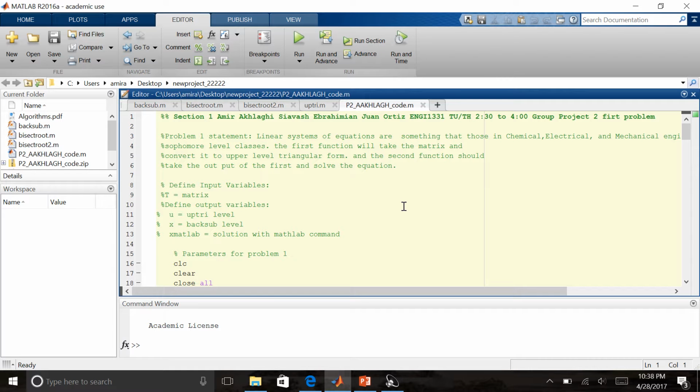So for the first problem, first of all let me explain a little bit about the background. As you know, MATLAB isn't just used in the engineering field, it's also used in applied mathematics. At one point you will use MATLAB in your career, and it will likely be in finite element analysis, so that's going to be a future class that we're going to be taking as engineers, and me as a mechanical engineer.